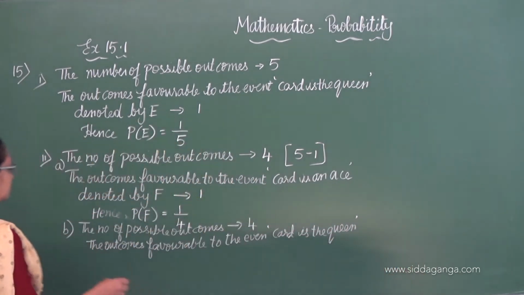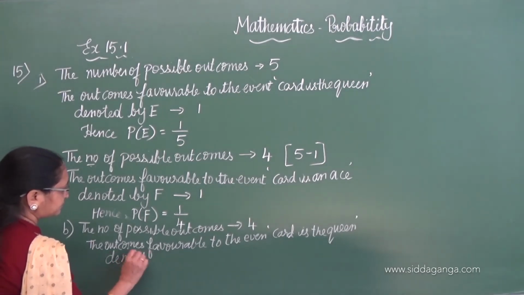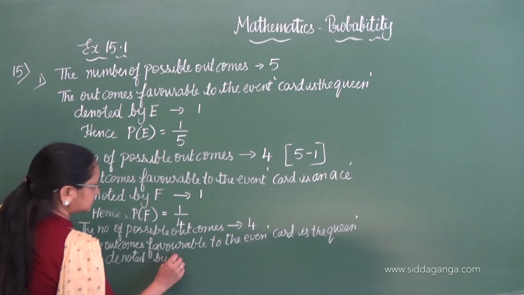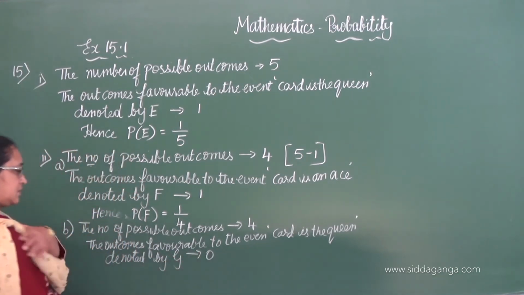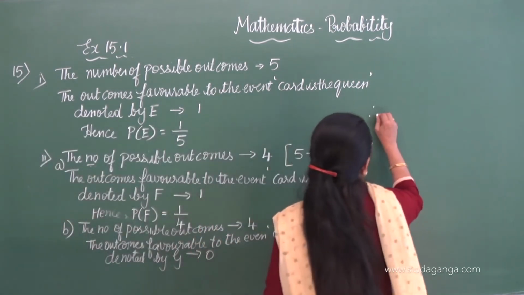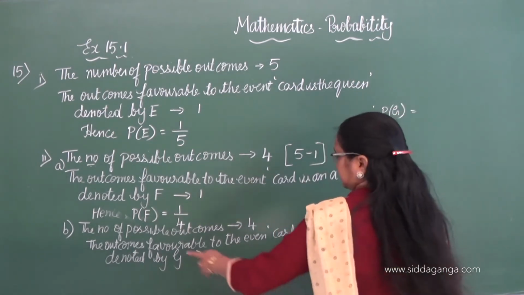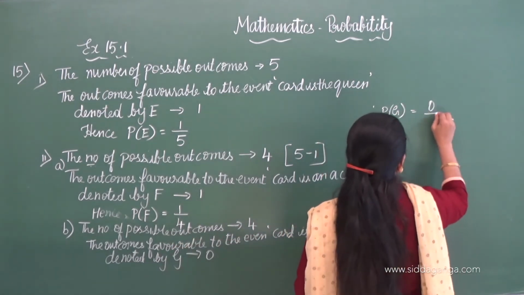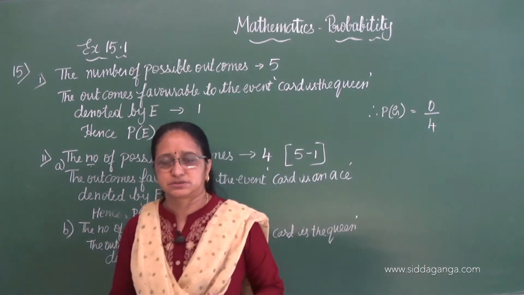Therefore, denoted by G, that is 0. Therefore, the probability for this is 0 by 4. I hope you understood this.